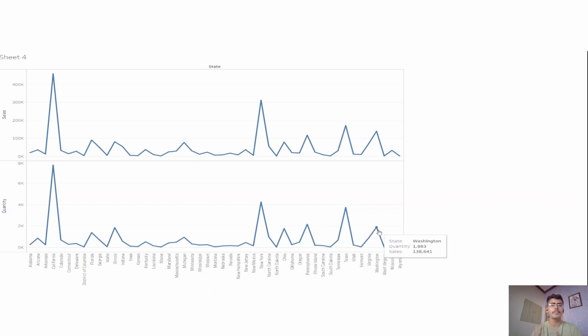That helps the business manager understand that people like to purchase some products whose quantity is less but whose price is more, which helps generate more sales. From this visualization, that is really helpful to understand.